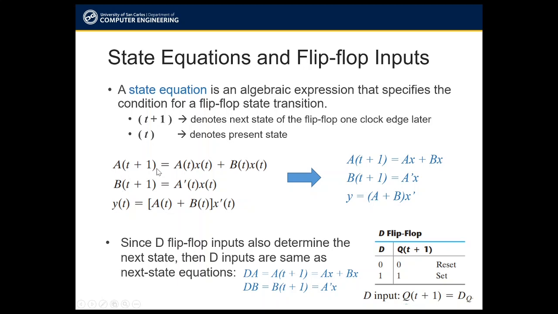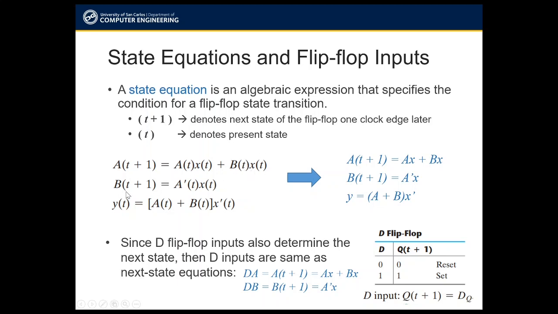A(t+1), which is the next state for flip-flop A, is equal to A(t)x(t) plus B(t)x(t). This refers to the present states A and B, and x(t) means the present input.